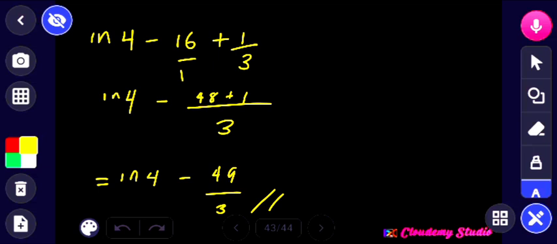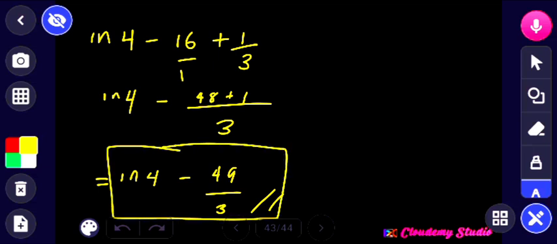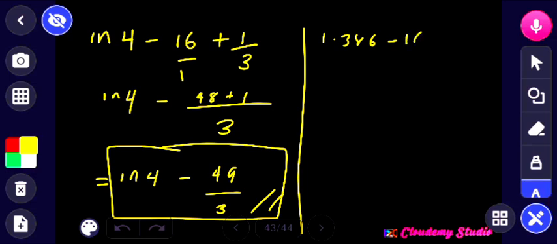But what if it is an exam where you are not provided with a calculator, unless you are provided with a logarithmic table? You understand? That is the only way you can find the final value of this particular question. ln 4 gives me 1.386, and 49 over 3 gives me 16.33.